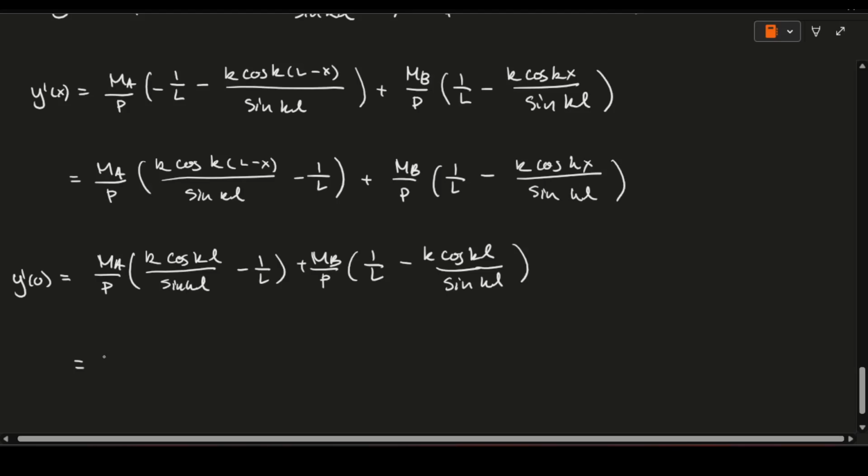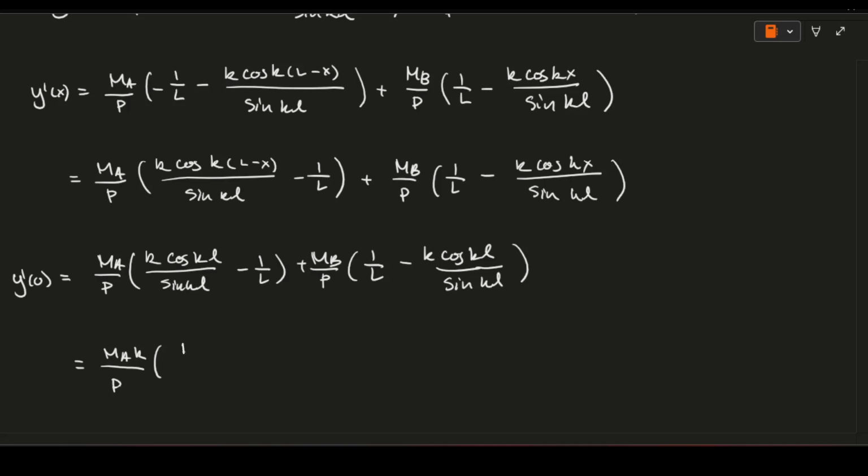This is equal to MA times K, factor out the K, and we get 1 over tangent KL minus 1 over KL, plus factor out the K here as well. So we get 1 over KL minus 1 over sine KL.